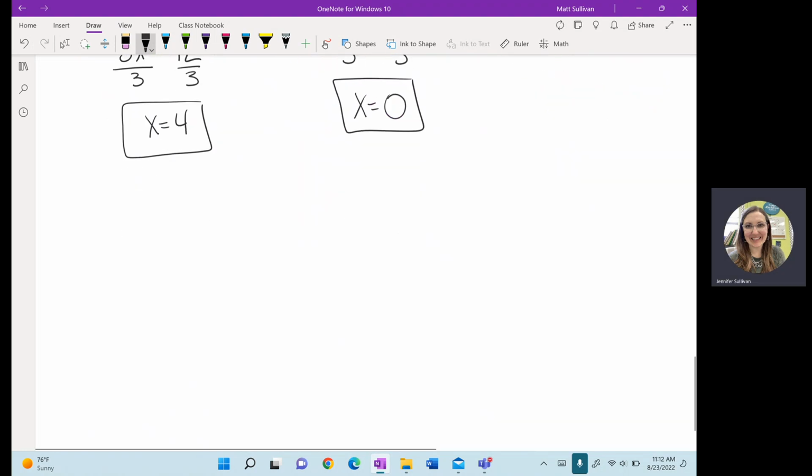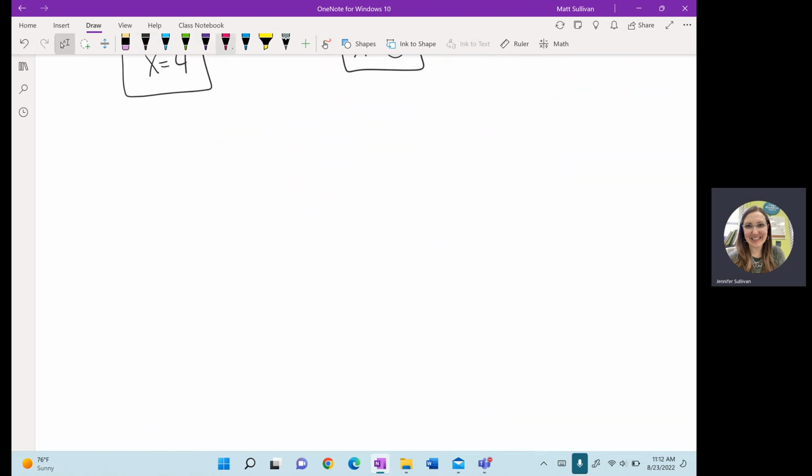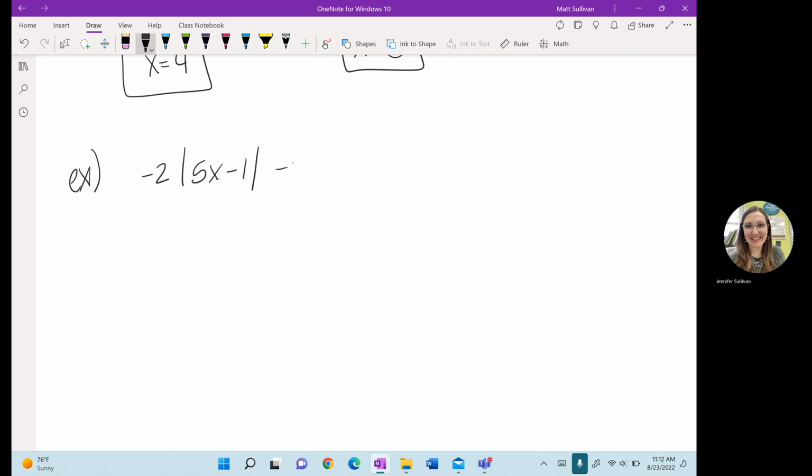Now, sometimes, this is my last example, sometimes when I have stuff on the outside, like this one, I'm going to give you -2 times the absolute value of 5x minus 1 minus 3 equals -11.